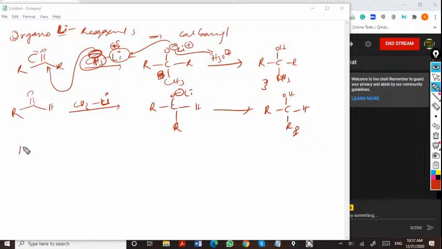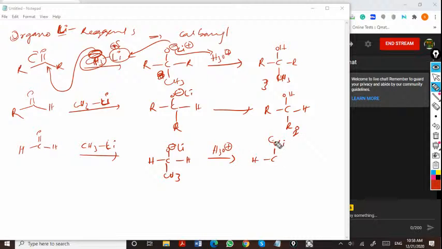If I need primary, I need to treat with formaldehyde. There is no other R, so it is a primary alcohol. Similar to the Grignard reagent.